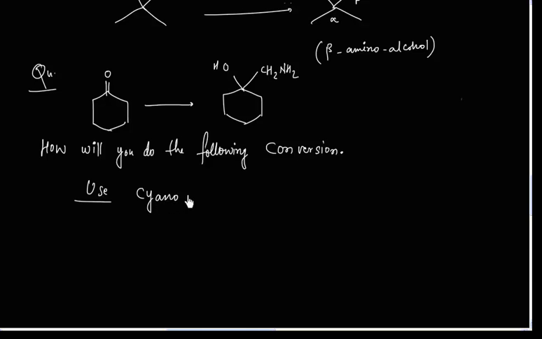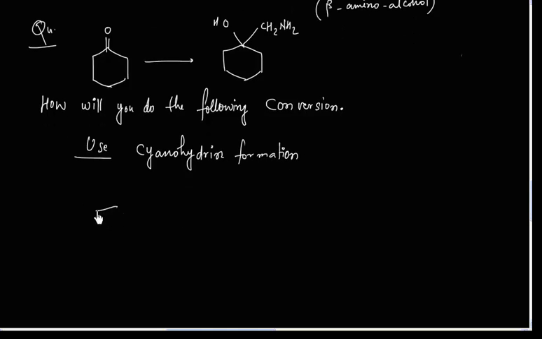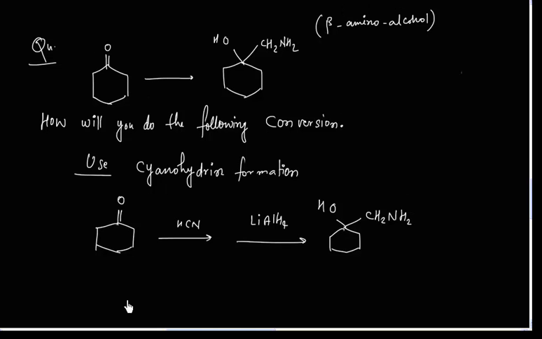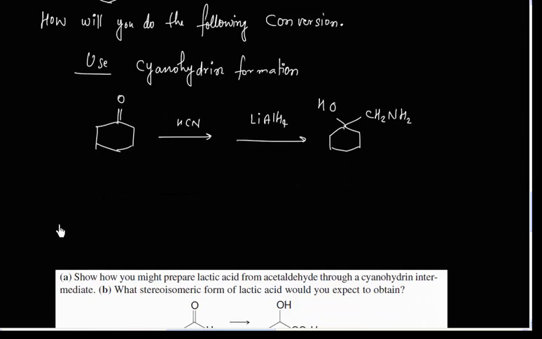Now we can use cyanohydrin formation in this case. Once cyanohydrin is formed, it can be treated with lithium aluminum hydride to give a beta amino alcohol.